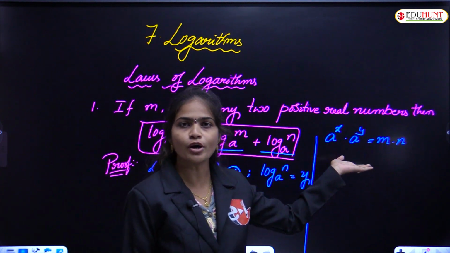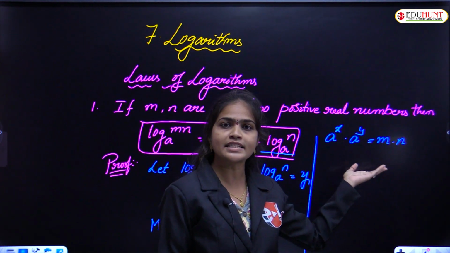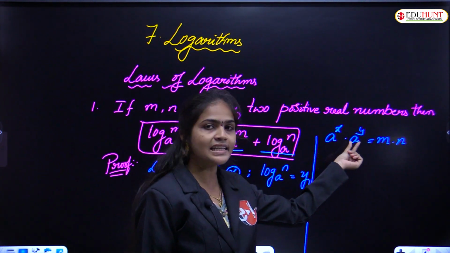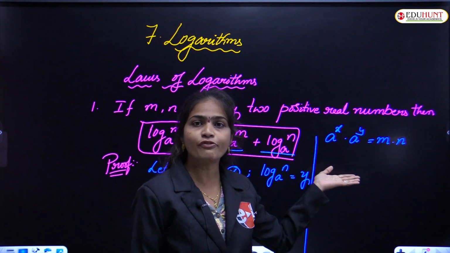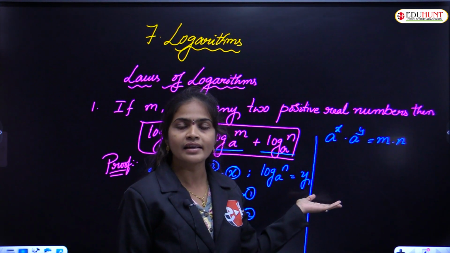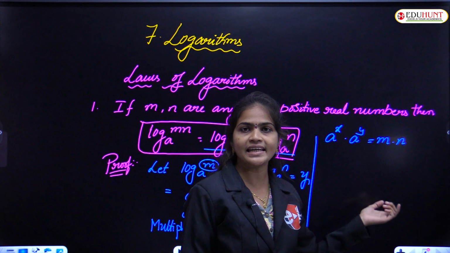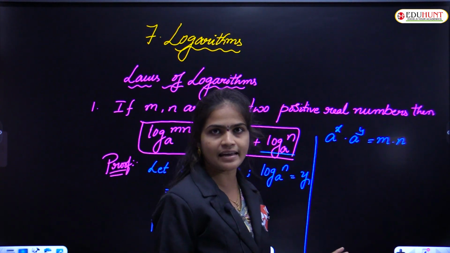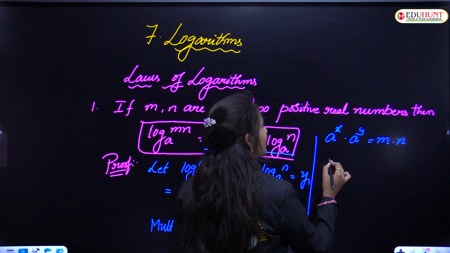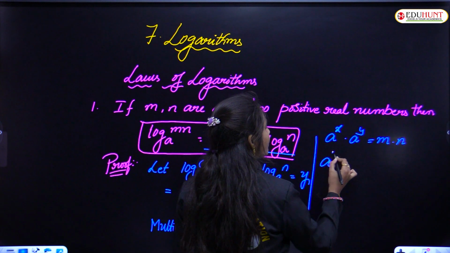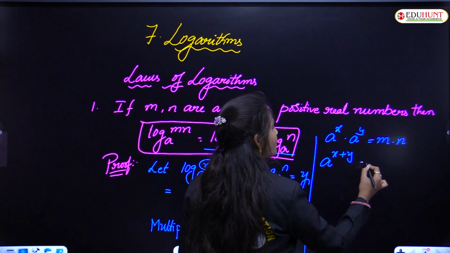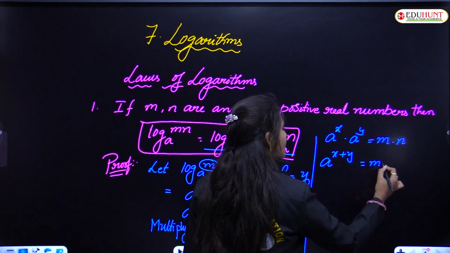Now this is in the form of exponents only. So in the exponential form, a power x into a power y, what law of exponents do we have to use? That is a power m into a power n is equal to a power m plus n. We know that condition, right? So apply that condition here. a power x plus y is equal to m into n, which is mn only.